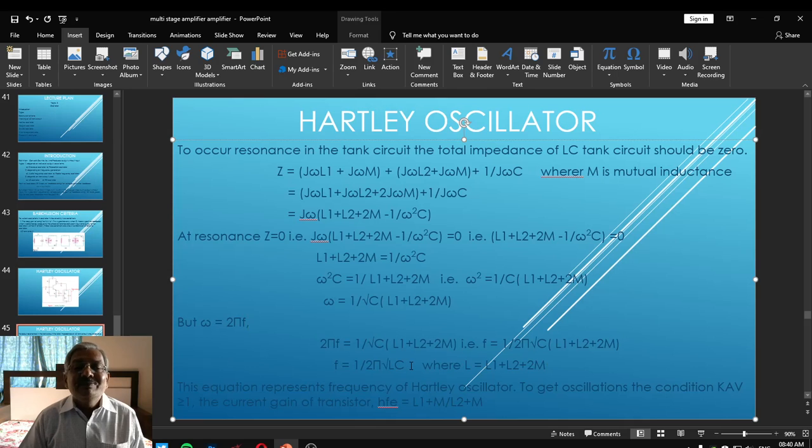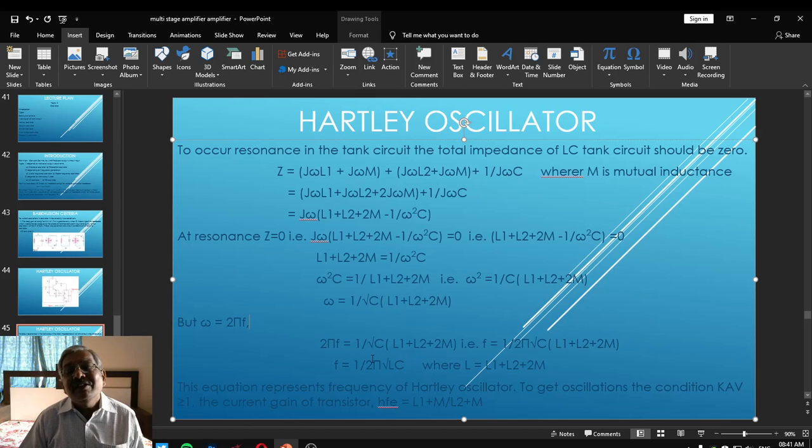Dear students, this is the formula for the frequency of a Hartley oscillator. From this equation, we can directly say that the frequency of a Hartley oscillator depends upon the values of L and C. f is inversely proportional to the square root of LC. 2 is constant, pi is constant.